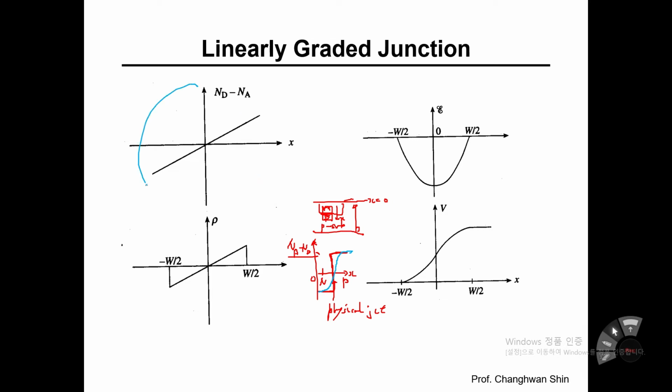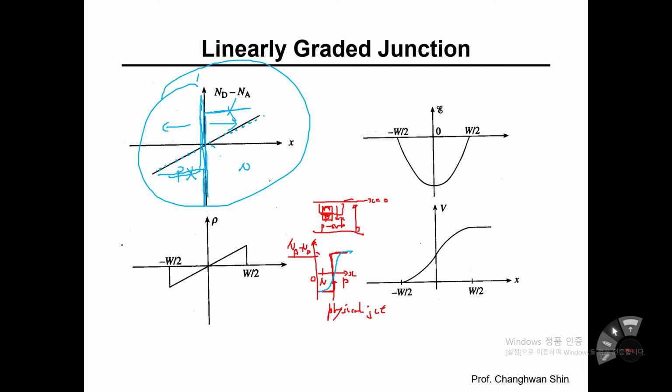For a given doping profile for the linearly graded PN junction like this, this is the N side and the P side, and near the physical contact area, on the left-hand side and right-hand side, instead of a step-like junction, which cannot be made, this black-colored one indicates the realistic doping profile for the linearly graded junction.